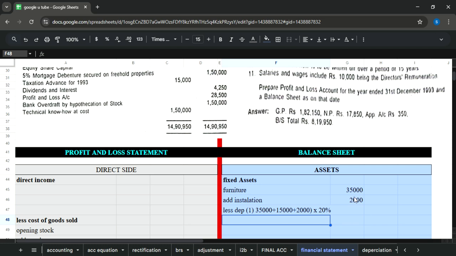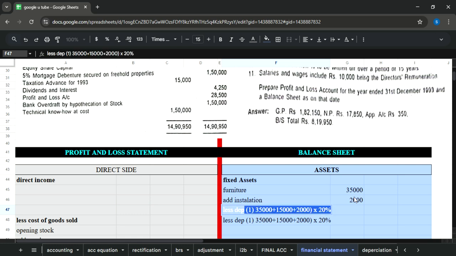Then possibly let's take it downward side and here we will discuss another method of depreciation. You may call it 2. This is fixed base method. I am going to write over here for the time being. Fixed base method.